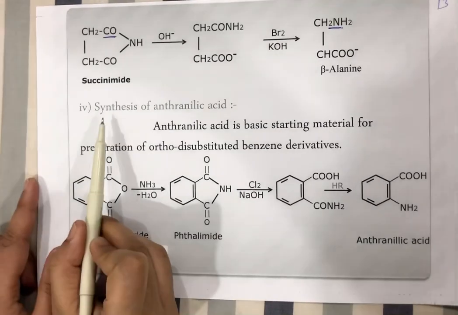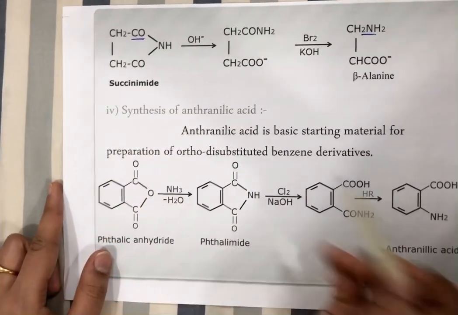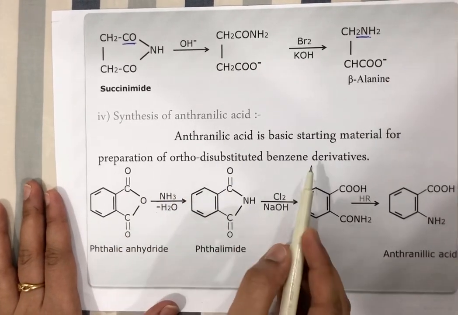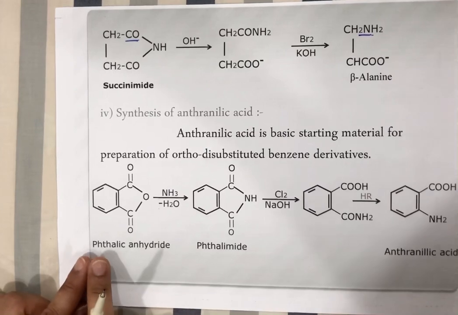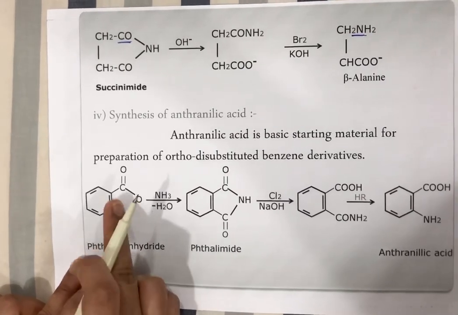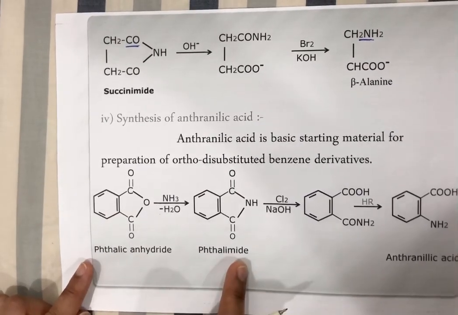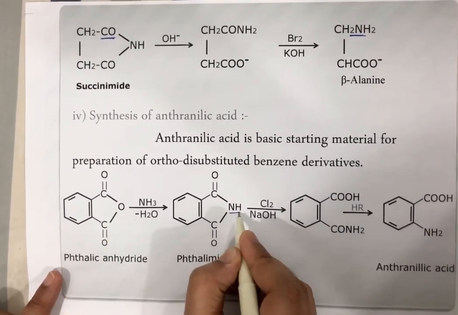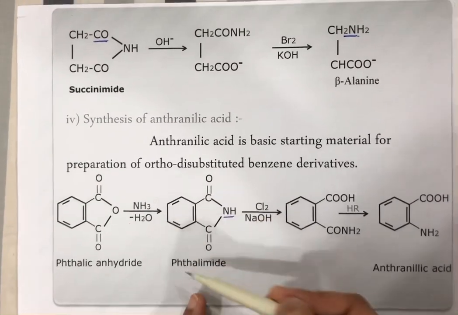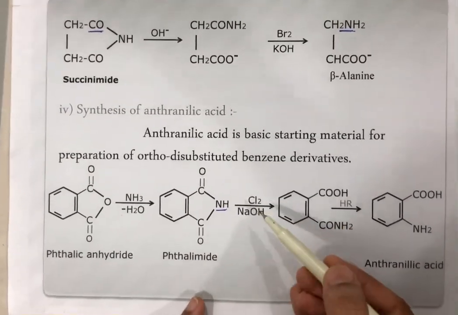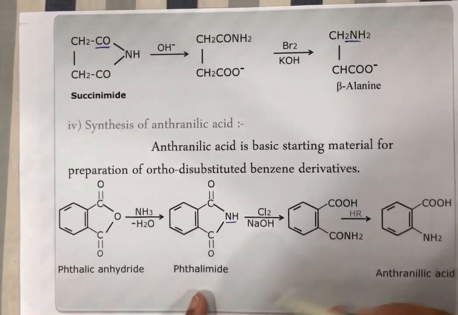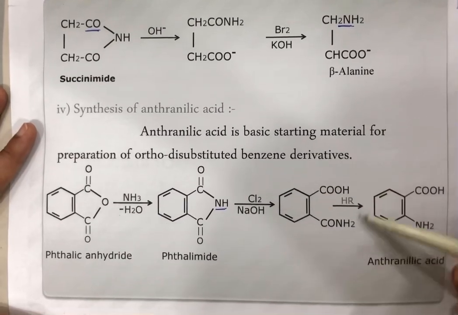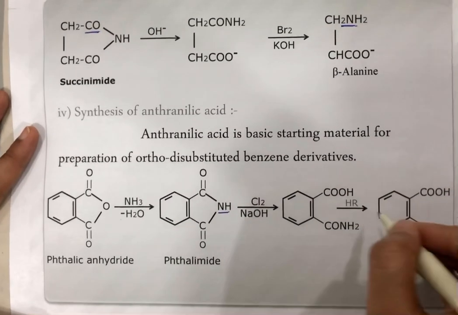Okay. Next, the synthesis of anthranilic acid. Anthranilic acid is a basic starting material for preparation of ortho-disubstituted benzene derivatives. First of all, phthalic anhydride converts into phthalimide. This O will be replaced with NH. Chlorination of phthalimide converts it into this intermediate, and this intermediate undergoes Hofmann rearrangement.